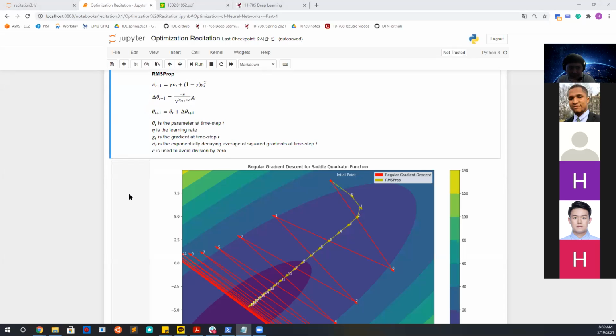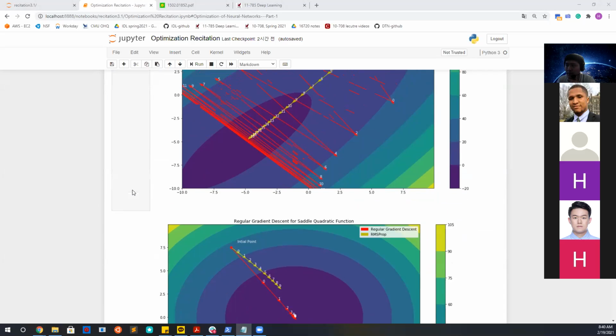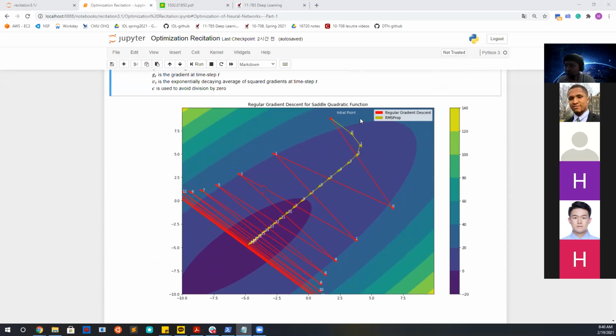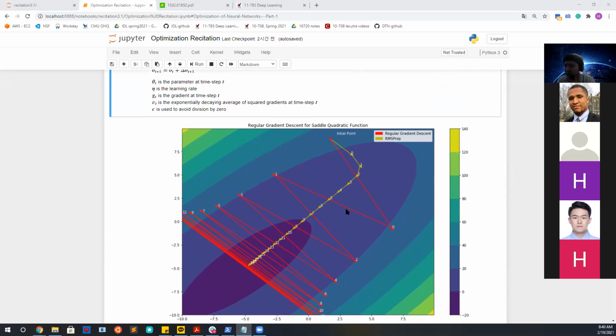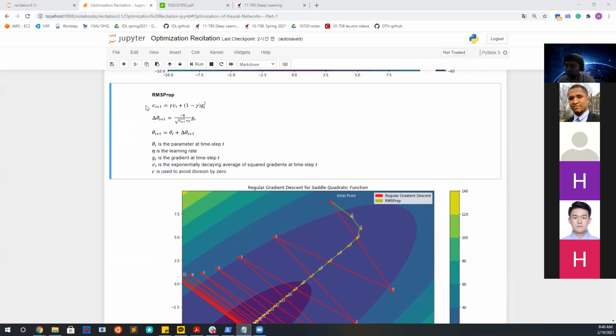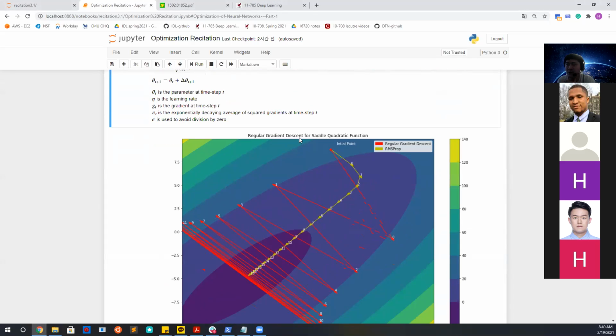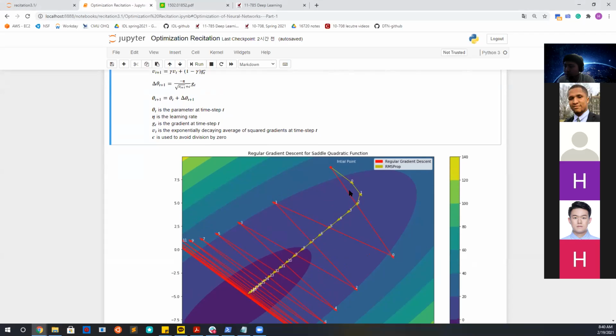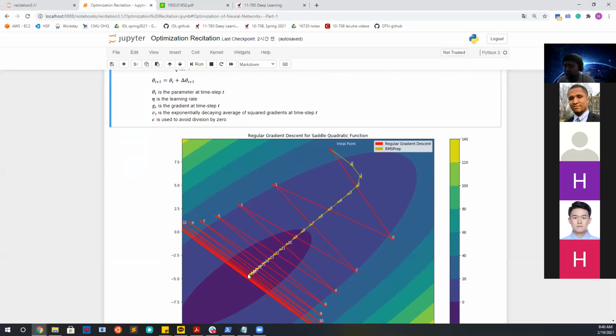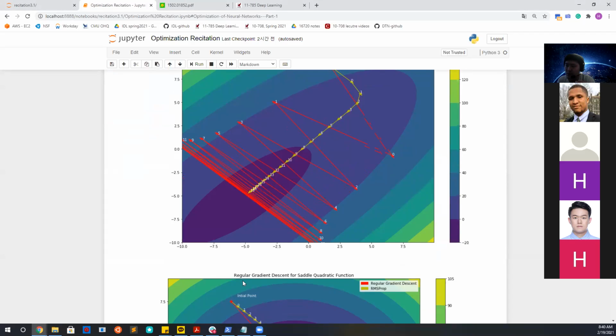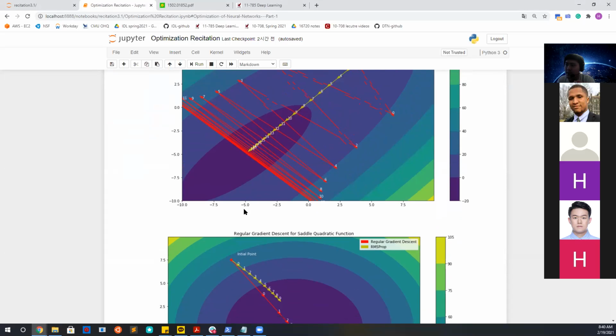Basically, if you see here, regular gradient descent oscillated out here, but RMSProp, by keeping the weighted average of the square of the gradient, lets you gradually move to the minimum point.